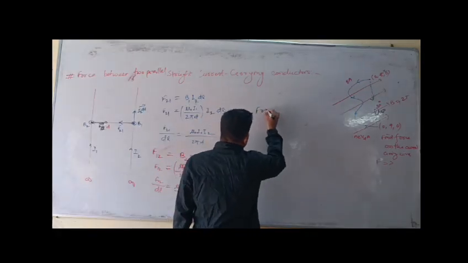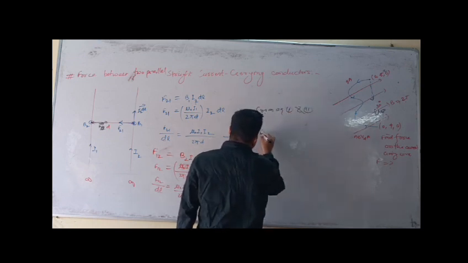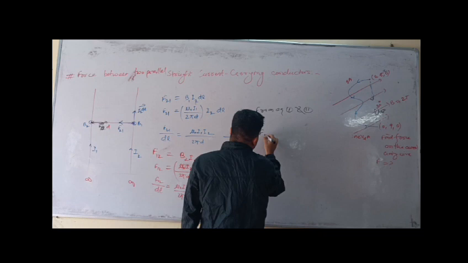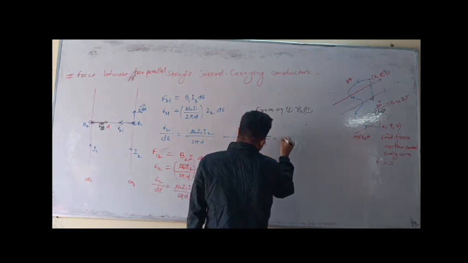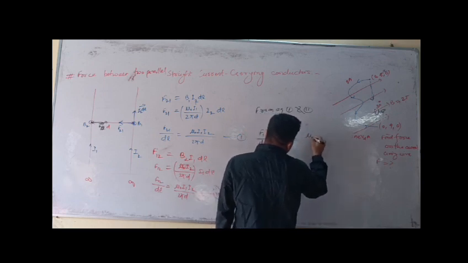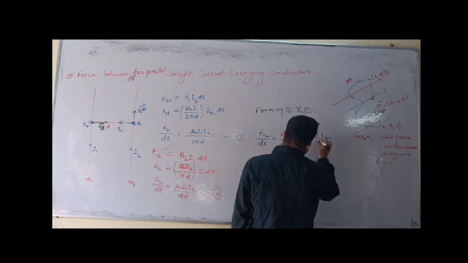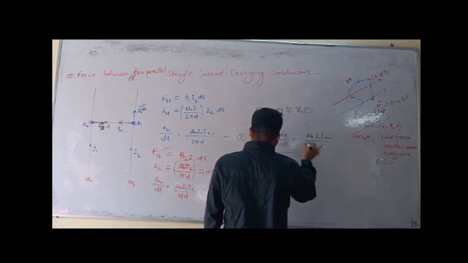Now, can we write like this from equations 1 and 2? F12 by dl, F21 by dl is equal to what? mu naught I1 I2 upon 2 pi d.